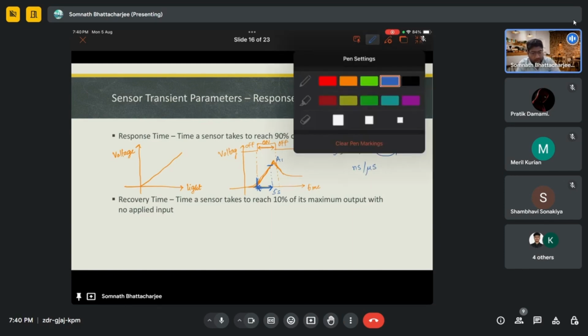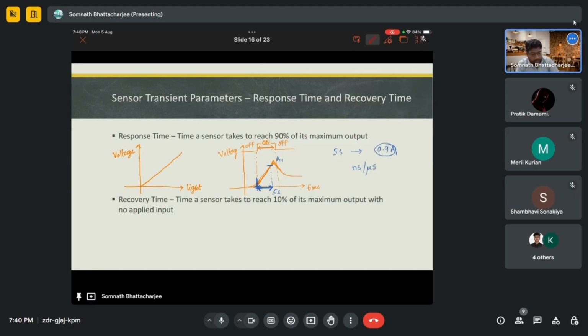Whereas the recovery time is a different kind of thing. If we draw this similarly, we have a light pulse that is off, on and off. This is the voltage axis and this is the time axis.